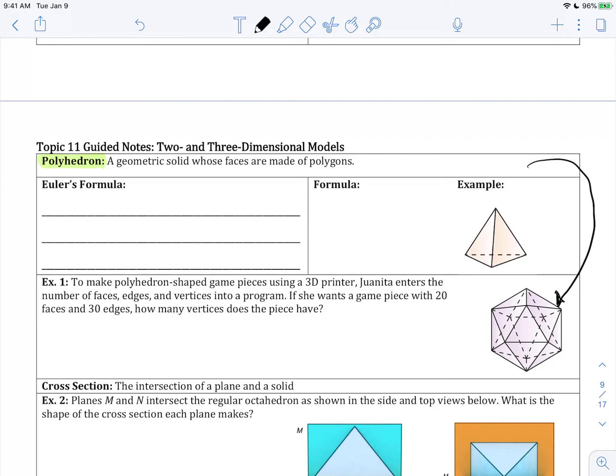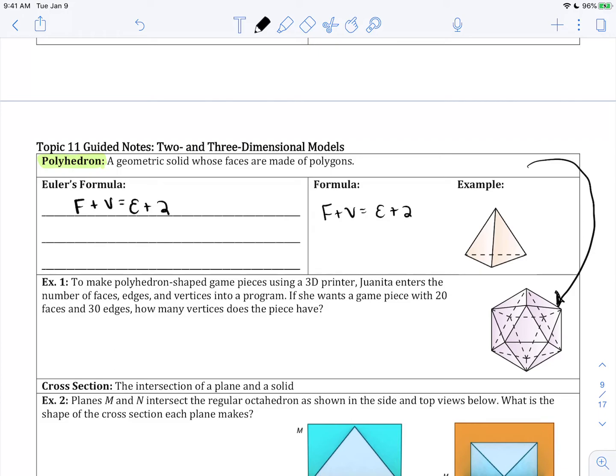Great. So, as you could see, the number of faces plus vertices equals the number of edges plus 2. So we can say faces plus vertices equals edges plus 2, right?